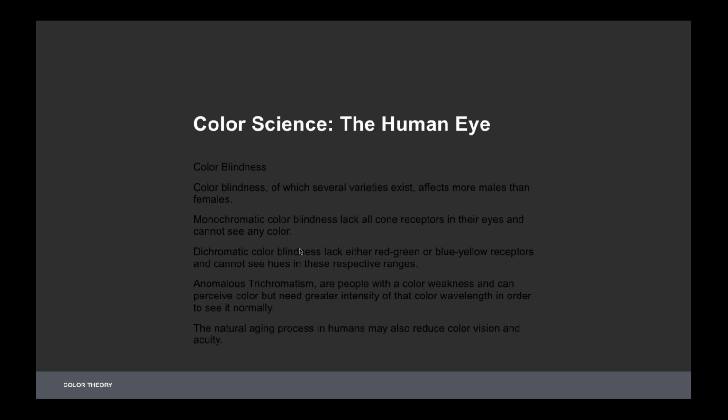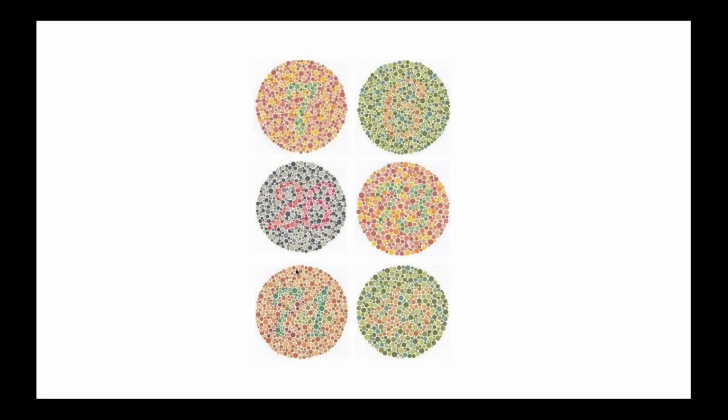There are conditions like color blindness where people cannot see color or they don't see it clearly. Can you all read the numbers on these circles? If anybody cannot read the number, you should let your instructor know because you might be colorblind. But they are 7, 6, 26, 73, 74, and 45.